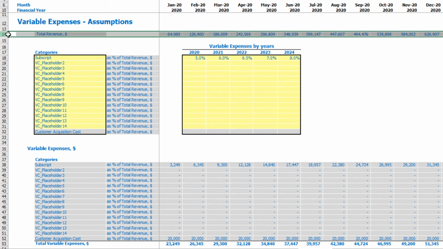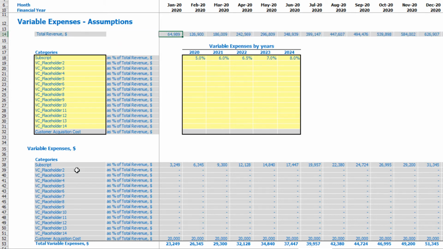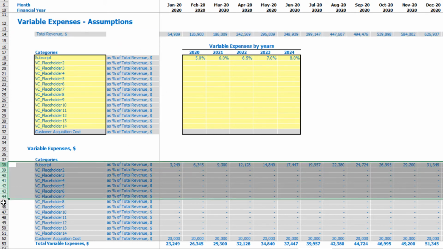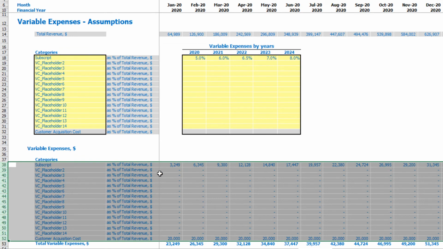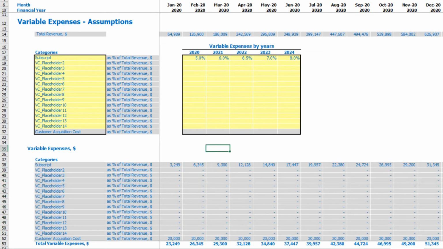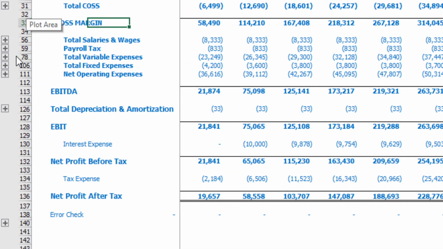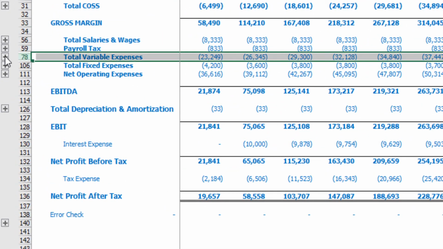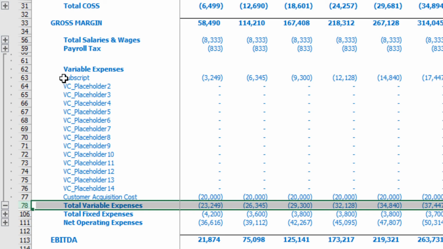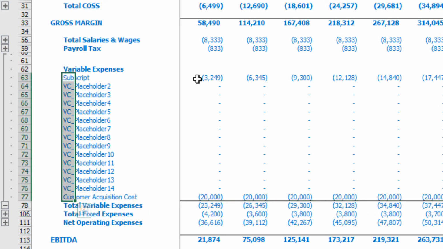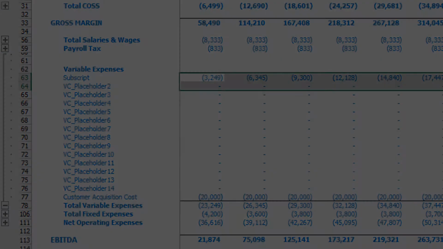So on the top you may see the main driver of calculation for these variable expenses, which is total revenue, and below you can see the calculation of these line items by months. As a summary, on the income statement tab you may see the total variable expenses category, which you can unhide and see all the line items and the amount by months.